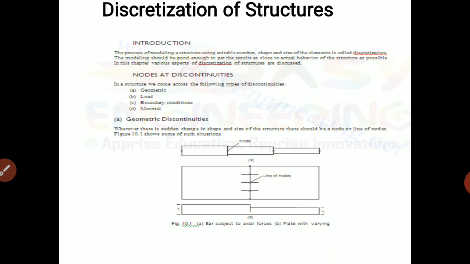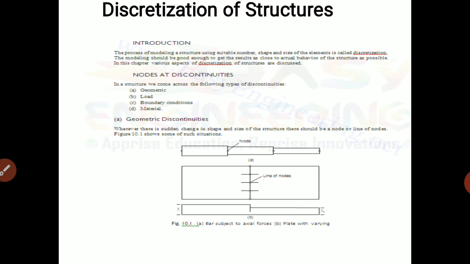So for the idealization or discretization of the continuum, we have to decide the number, shapes, size and configuration of elements in such a way that the original body is represented as closely as possible. Hence, the general objective of such idealization is to discretize the body into a finite number of elements sufficiently small so that a simple displacement model can adequately approximate the true solution.